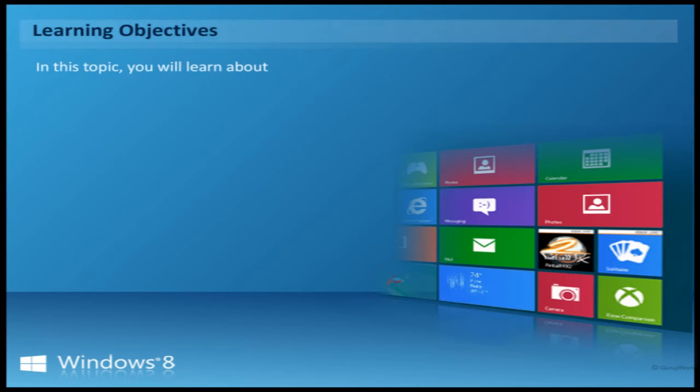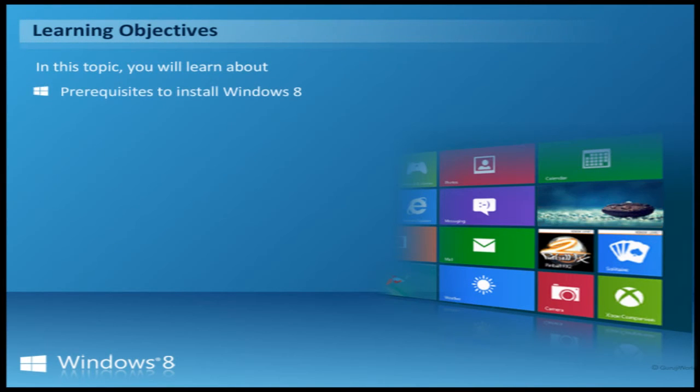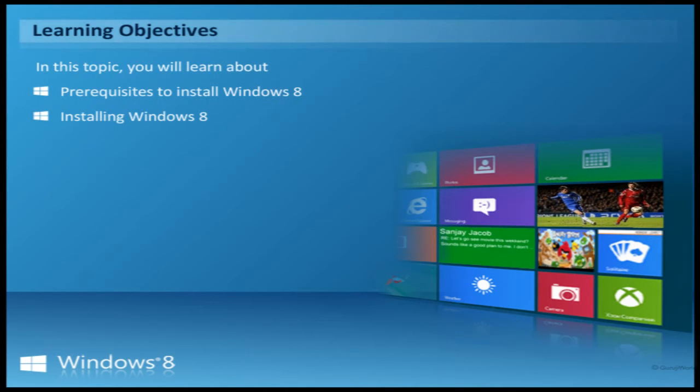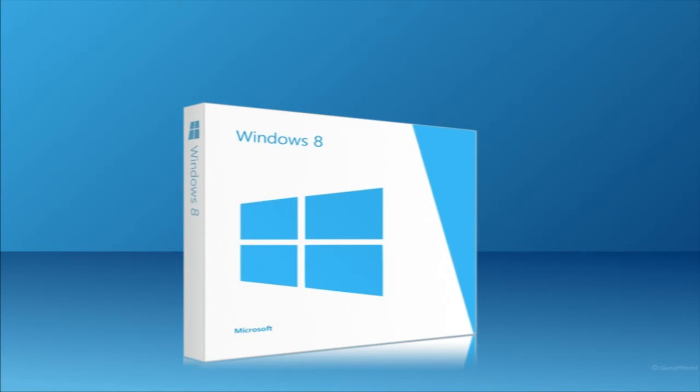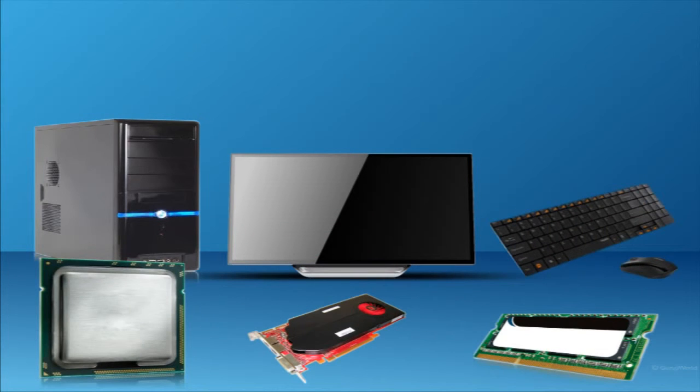In this topic, you will learn about the prerequisites for installing Windows 8 and actually installing Windows 8 on your computer system. Before performing installation, check the following prerequisites. Original Windows edition copy. PC with compatible hardware as explained to you earlier.